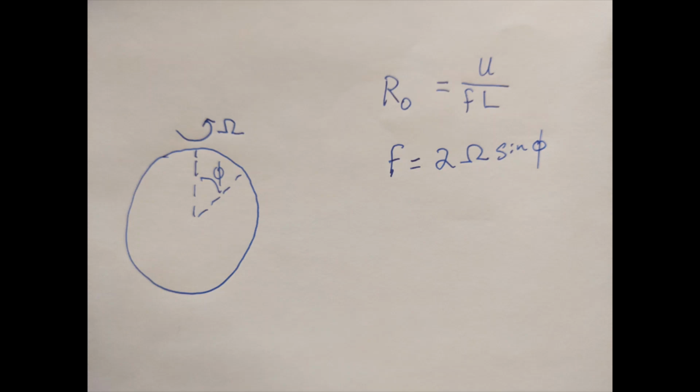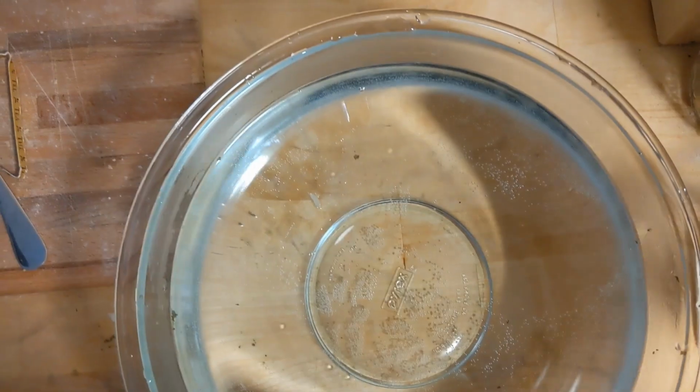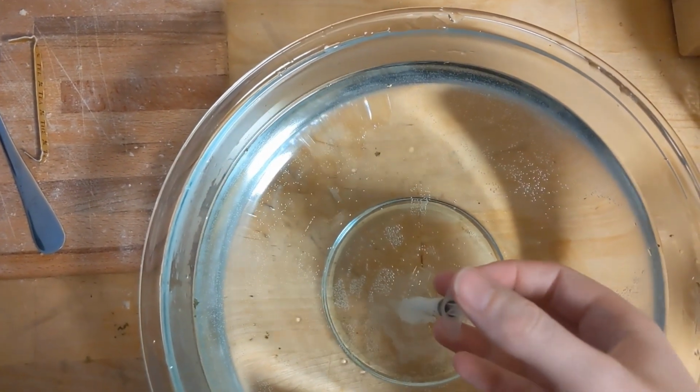To emulate the Earth, I add cold milk to a bowl of hot water. In the first trial, I add the milk to a still bowl of water. I add it to the center of the bowl and add the milk at the bottom by using the syringe.